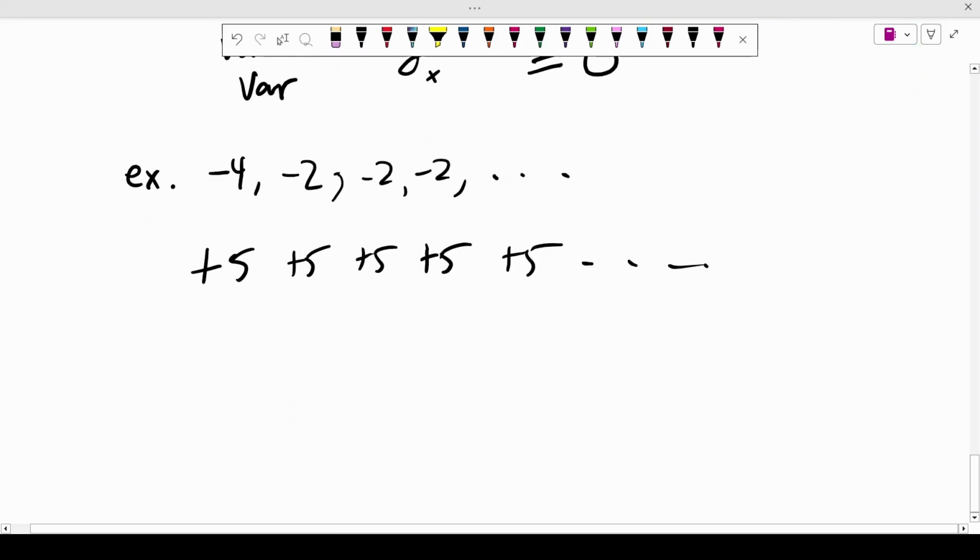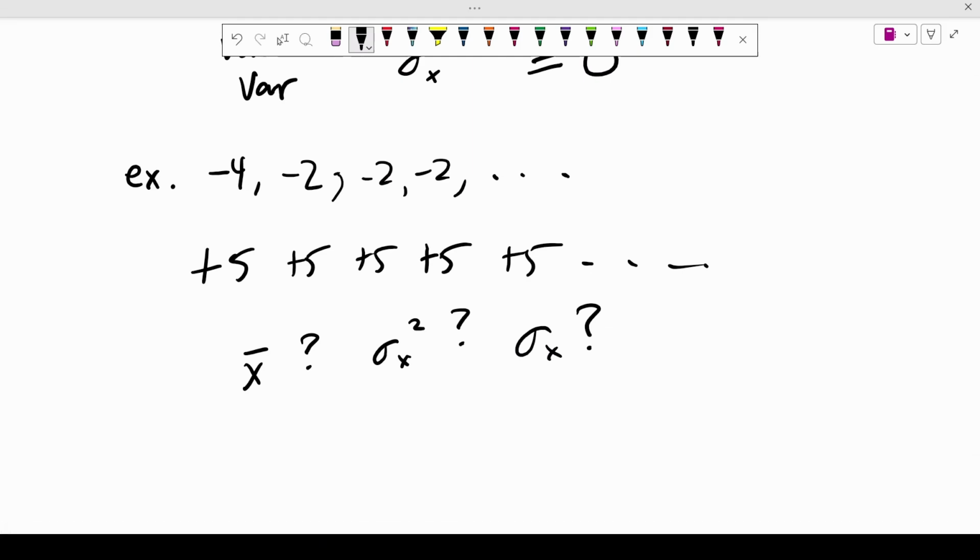What would happen to the mean? What would happen to the variance? What would happen to the standard deviation? Now, we can algebraically prove what would happen, but let's just take a look at Excel to get a sense.